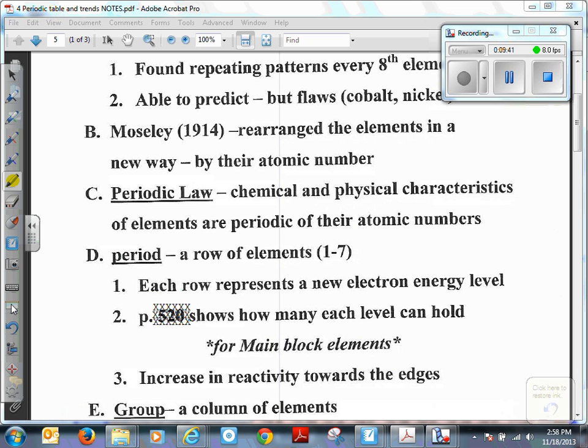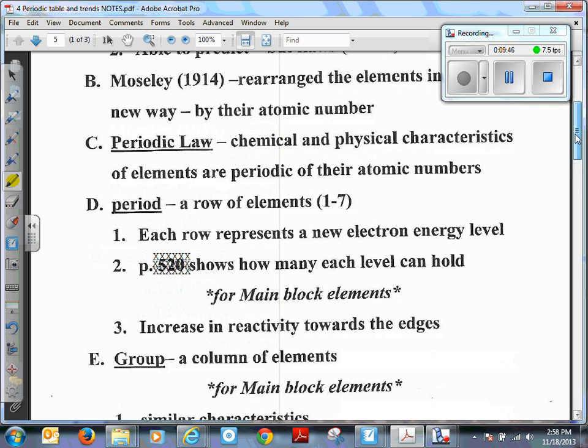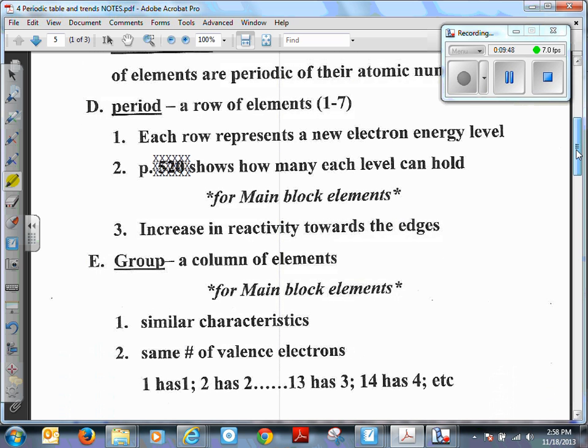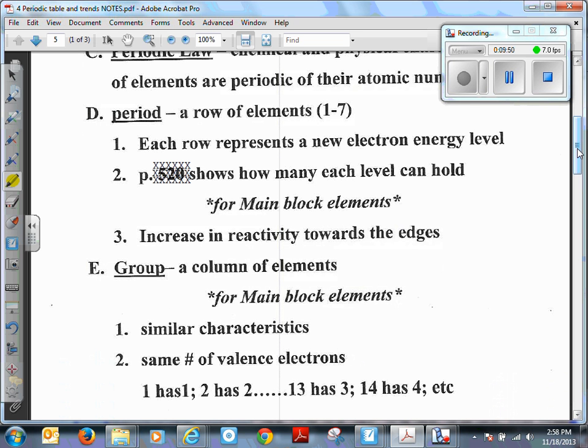So the periodic law, chemical and physical characteristics. Now, a period is a row of elements, 1 through 7. Number 2 here: each row represents a new energy level.